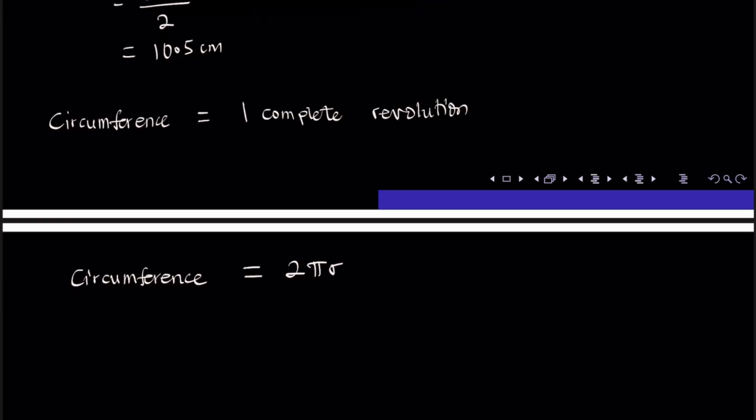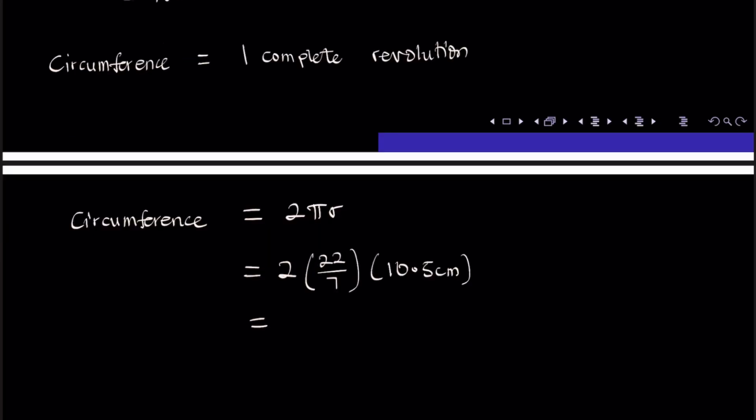By definition, the circumference of a circle is defined to be 2 pi r. And from the question, we have pi to be 22 on 7, and the radius was found to be 10.5 centimeters. Thus, the circumference is 66 centimeters. And so 1 complete revolution is given as 66 centimeters.